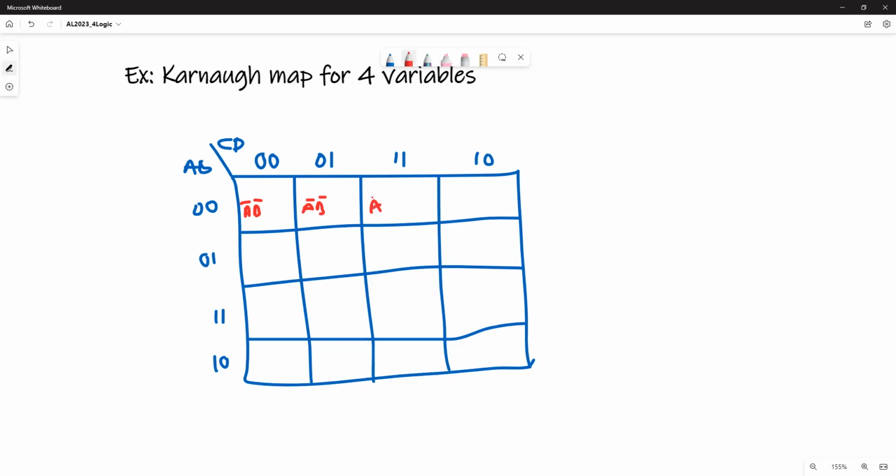Right, here also we have A bar, B bar. Now if we look at CD, it should be C bar, D bar. First one, C bar, D bar. Then we have C bar, D, right? CD, right? Then CD bar.